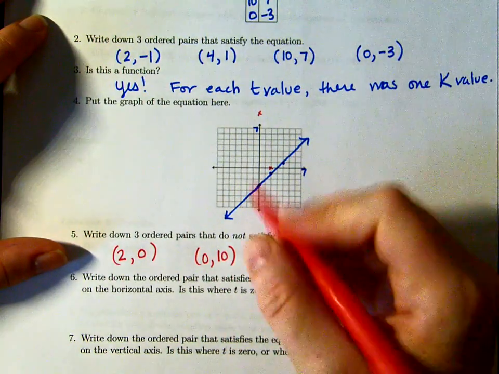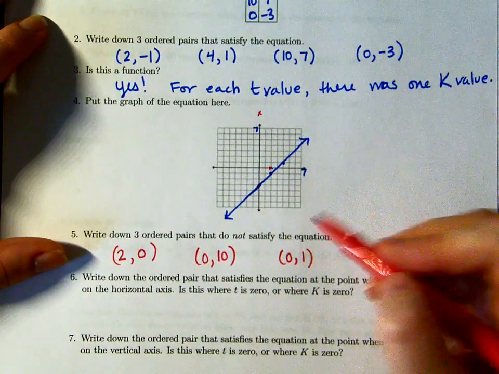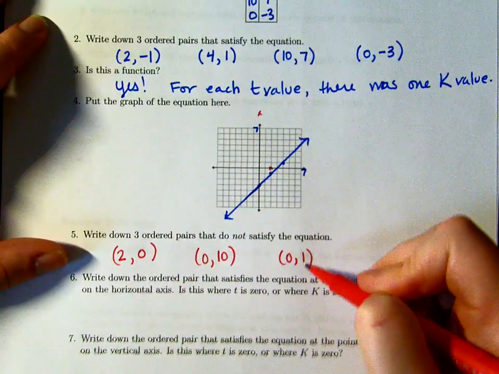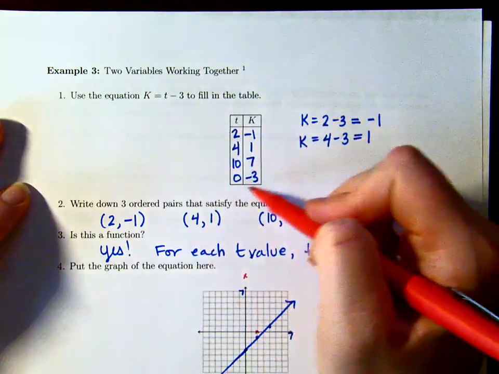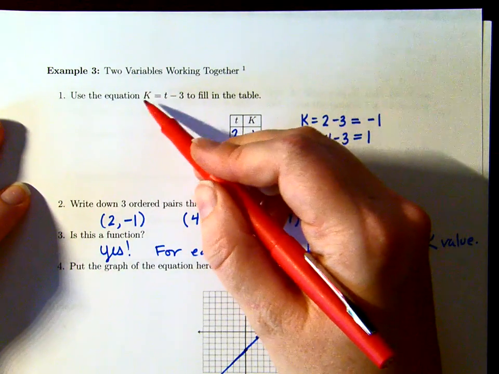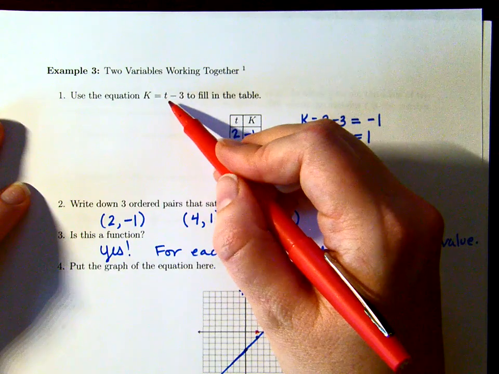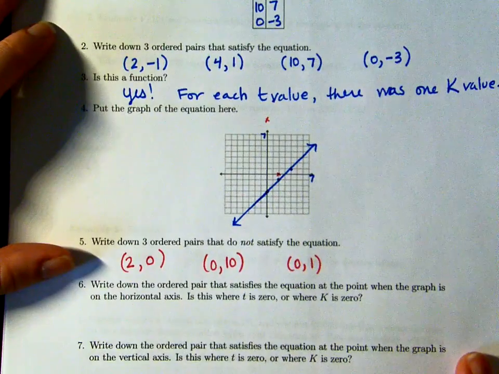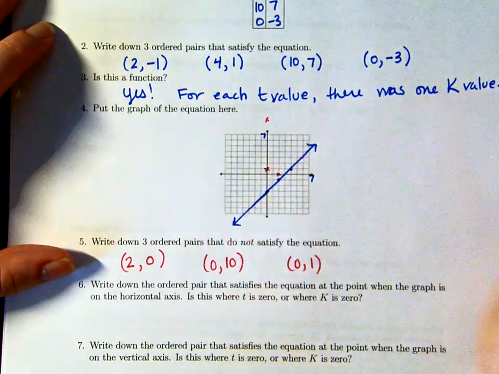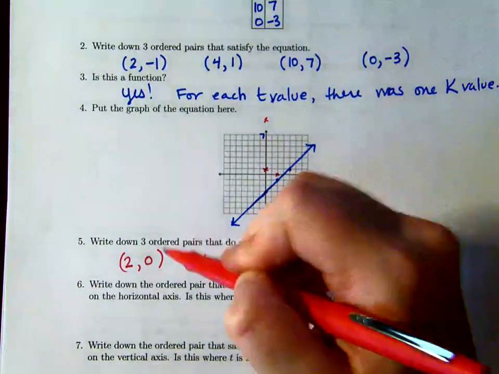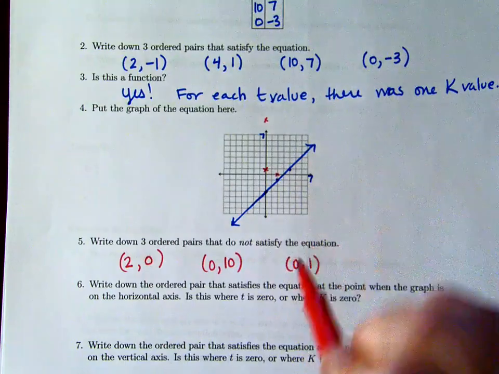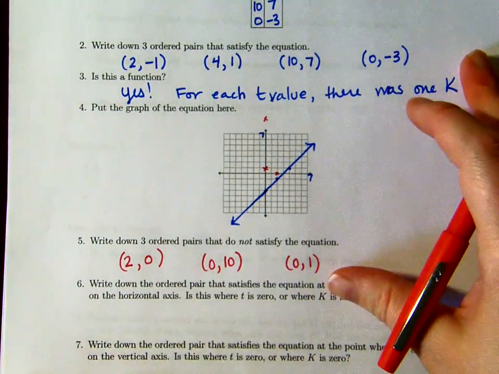How about 0 and 1? When t equals 0, k does not equal 1. When t equals 0, it's k equals -3. It's not 1. 1 does not equal 0 take away 3. So anything that is not on this line ends up being an ordered pair that does not satisfy the equation, so it is not a solution.